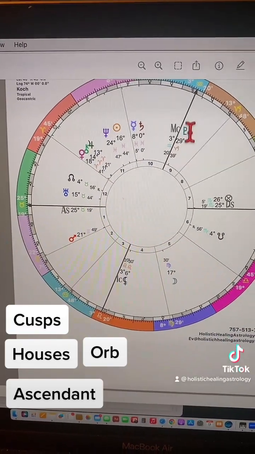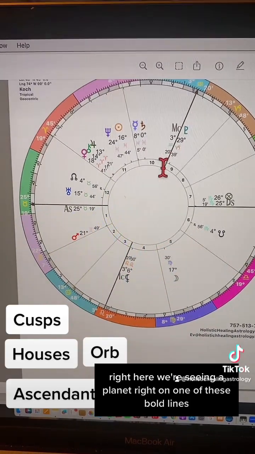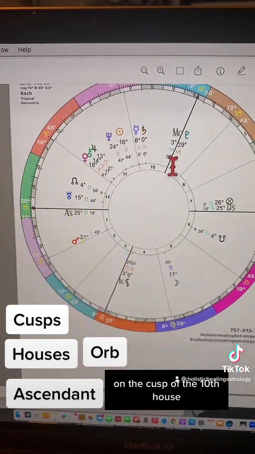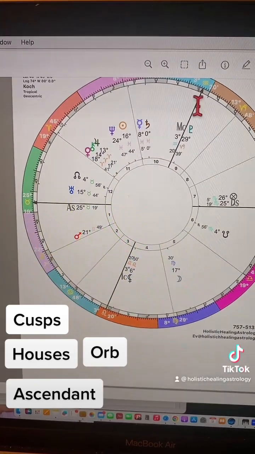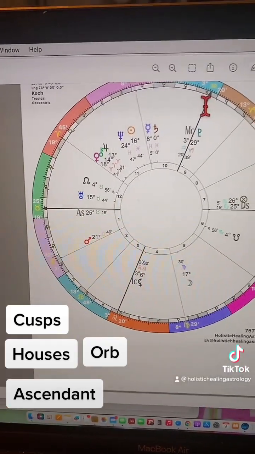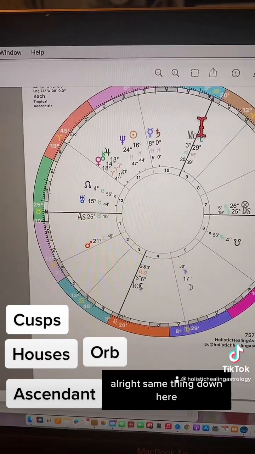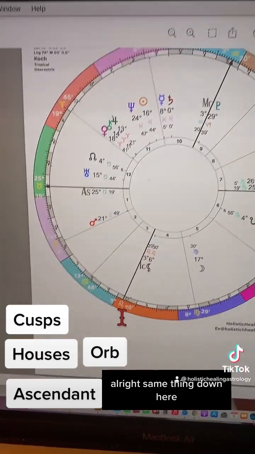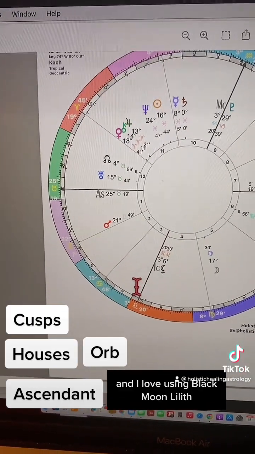Off the bat, right here, we're seeing a planet right on one of these bold lines on the cusp of the 10th house. That's extremely important. So Pluto is very strong in this person's chart in their career or social status. All right? Same thing down here. We've got Black Moon Lilith, and I love using Black Moon Lilith.